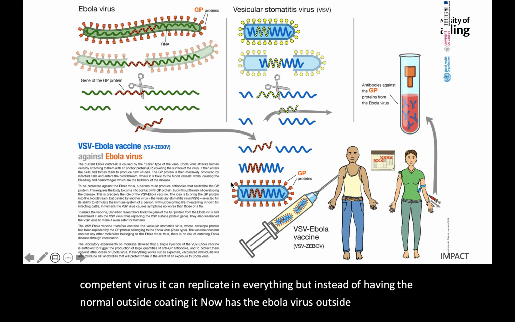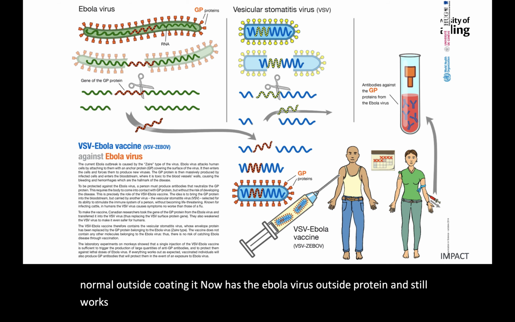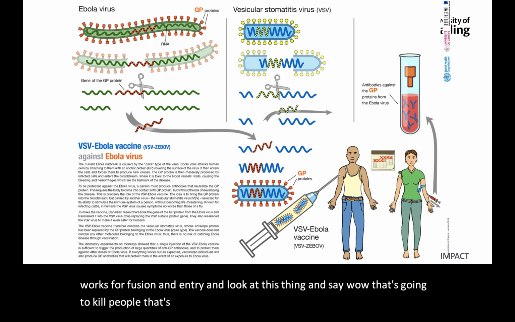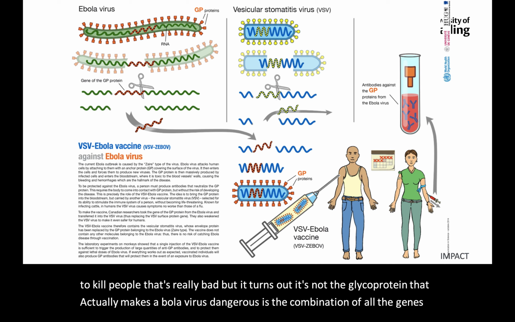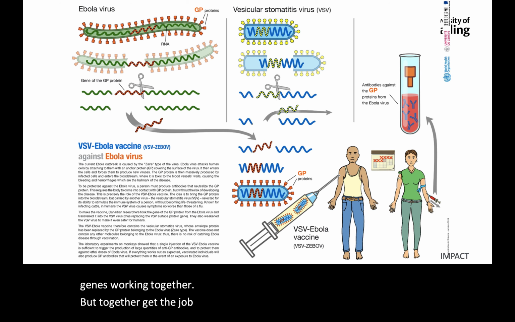And it still works for fusion and entry. And you'd look at this thing and say, wow, that's going to kill people. That's really bad. But it turns out it's not the glycoprotein that actually makes Ebola virus dangerous. It's the combination of all the genes working together that together get the job done. And yeah, swapping out one part like this is actually pretty safe.